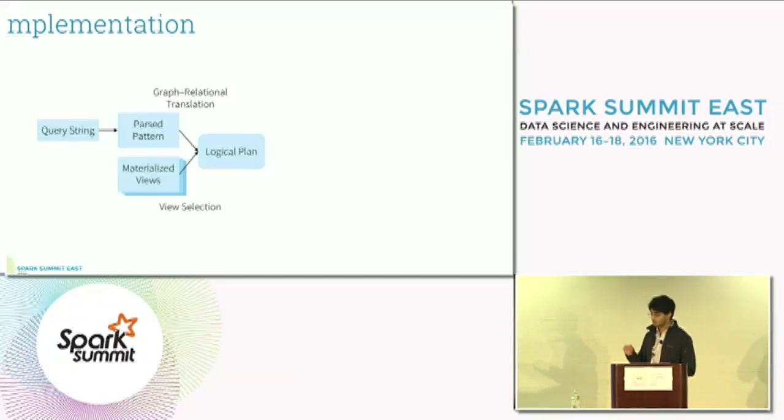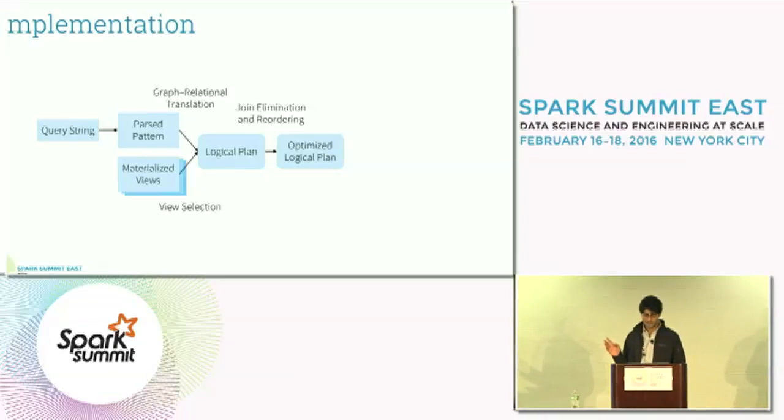Also, if the user registered any views, which are these common subpatterns, then we can look through those and insert those into the plan. And then the idea is that we can save the step of having to recompute them. And also, as I'll mention, if the appropriate views are registered, then it actually makes it possible for the planner to find plans that it wouldn't have otherwise thought of. So that's an interesting side effect.